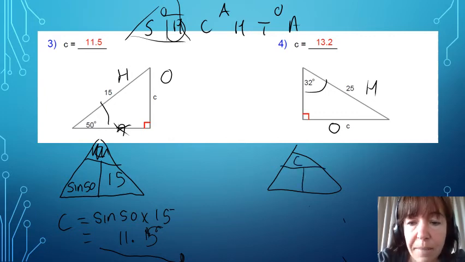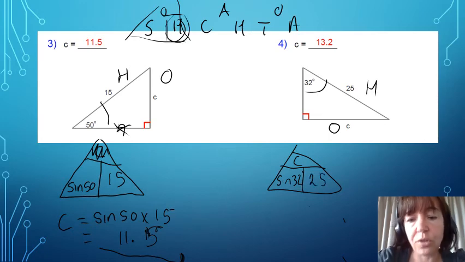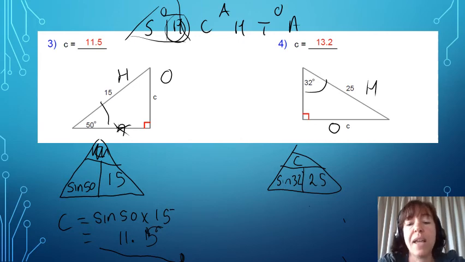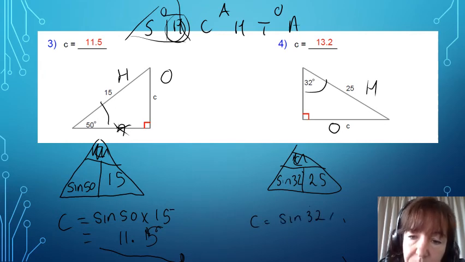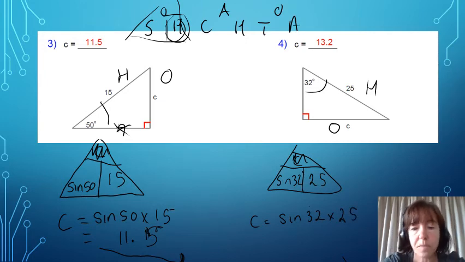Sine is what I'm given, so it's going to be sine of 32 degrees, and my hypotenuse is over there, so that is going to be 25. And if you go sine 32 degrees times 25, so that's what I'm looking for. They are next to each other. And you will get 13.2 when you put that into your calculator.